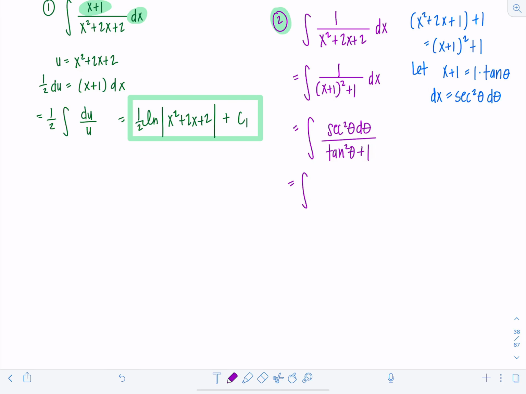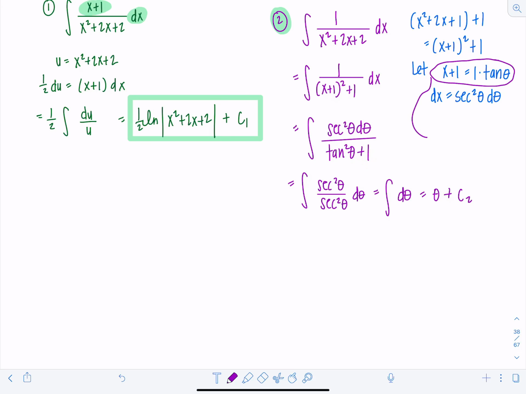So this is integral secant squared theta divided by secant squared theta d theta. So you're just integrating d theta, or 1 d theta, which is theta plus c2. And remember, I have to rewrite this in terms of the original variable, in which case theta equals tan inverse of x plus 1. So this is going to be tan inverse of x plus 1 plus c2.